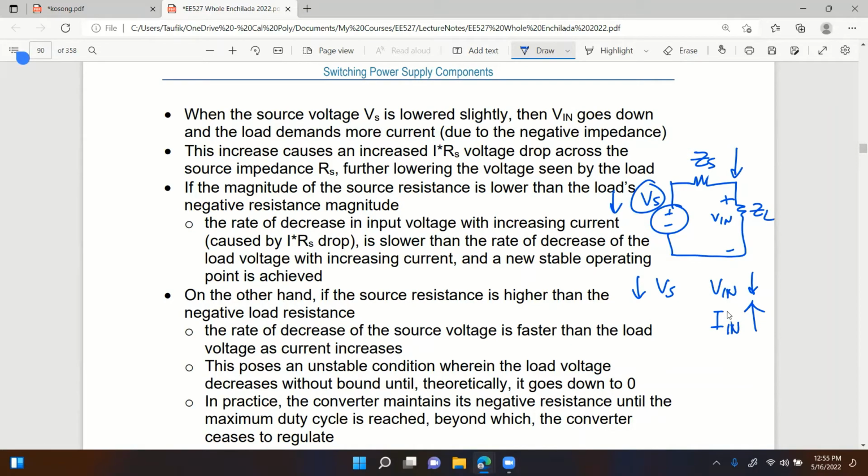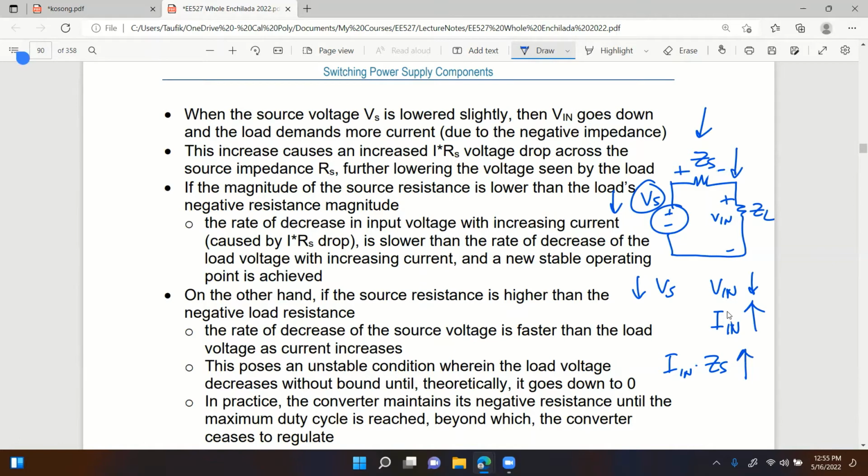When Vin goes down, because the source voltage goes down, then the input current Iin to the power supply becomes higher. Right? If Iin becomes higher, guess what happens to the voltage across Zs? The drop, Iin times Zs, becomes higher, wouldn't it?